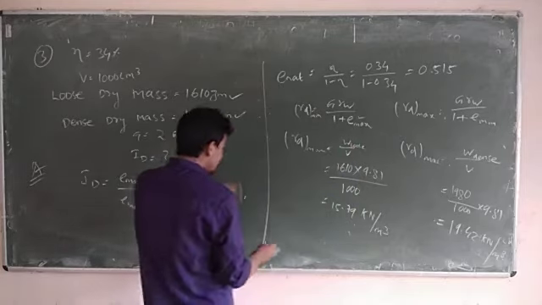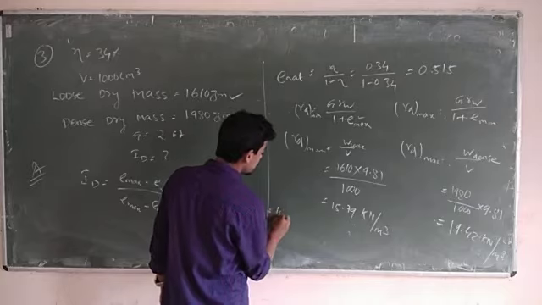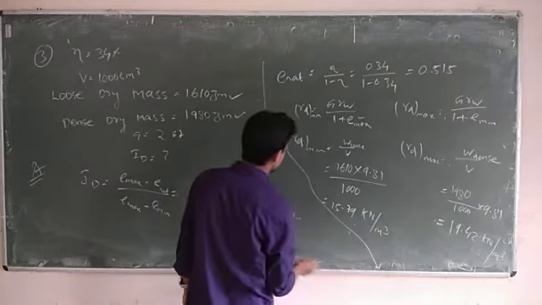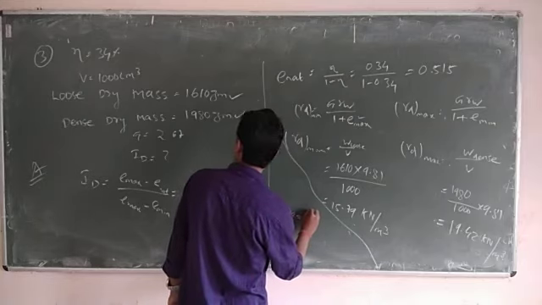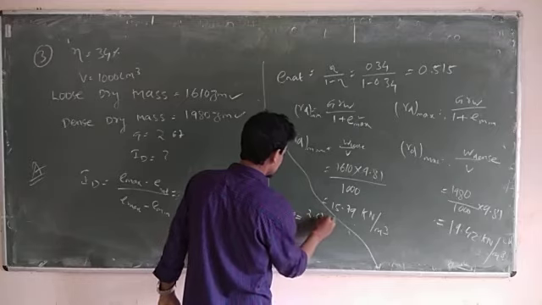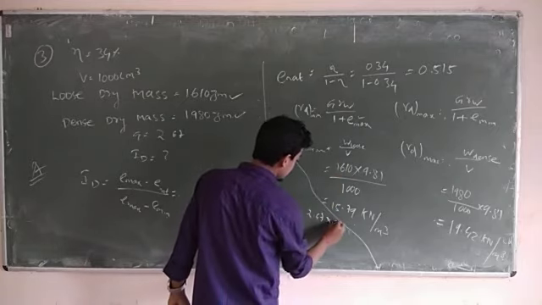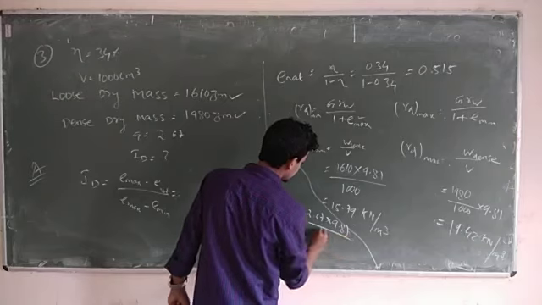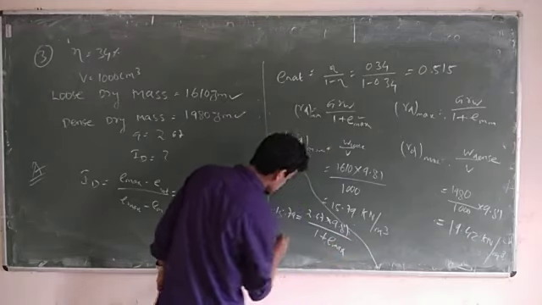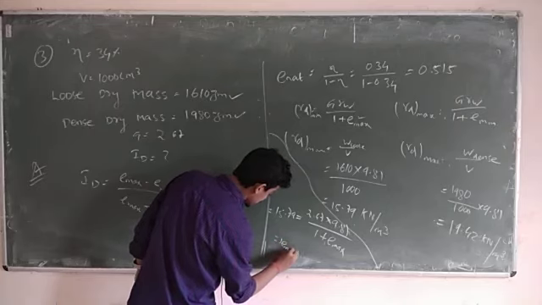Put it here, that is 15.79 equal to G, which is given as 2.67, into gamma W, which is 9.81, by 1 plus E maximum. So in this case you can calculate E maximum.